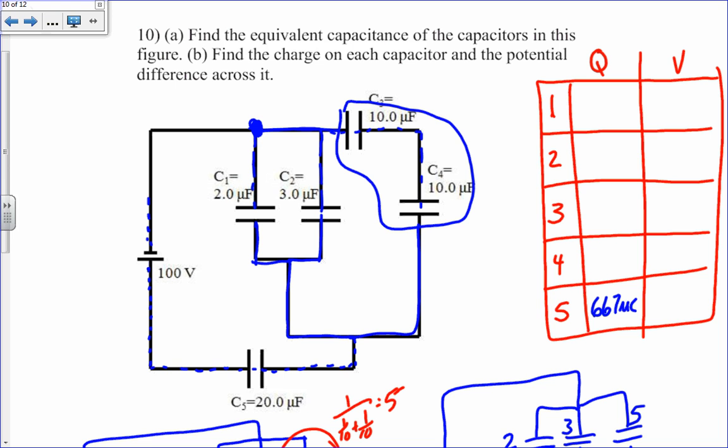And then I can go ahead and find the voltage. The voltage there is going to be 33.4.